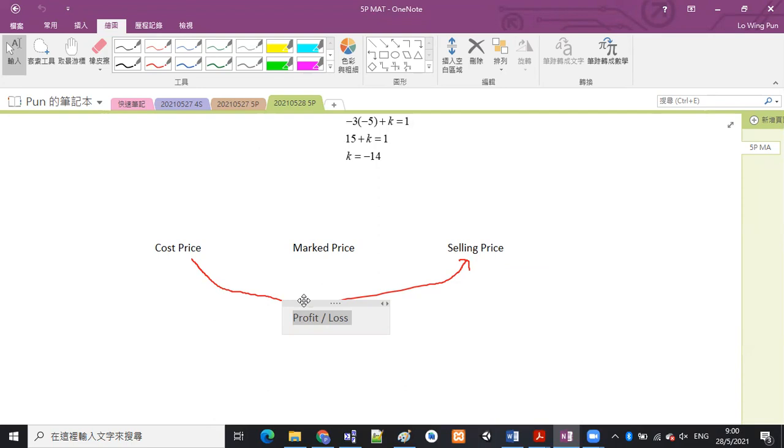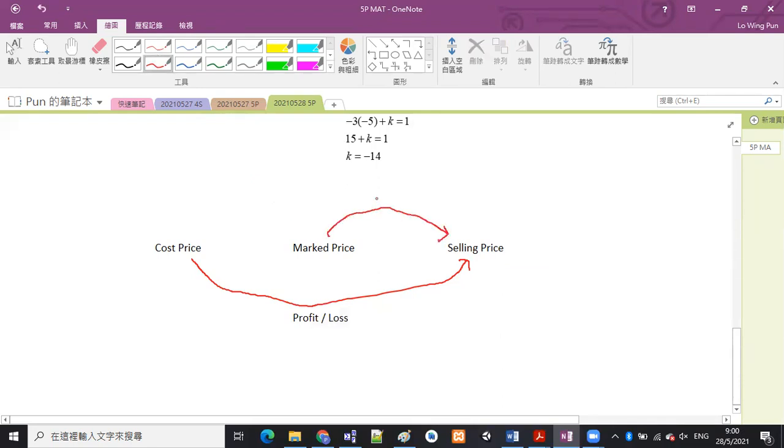I have also mentioned that when I have given the mark price, and when it comes to the actual selling, I may give you a discount. The discount is the relationship between the mark price and the actual selling price.